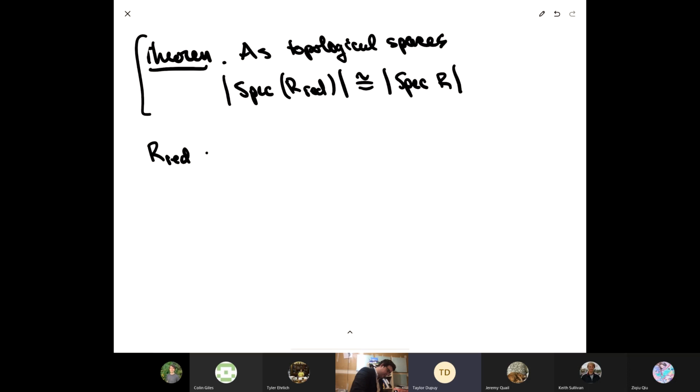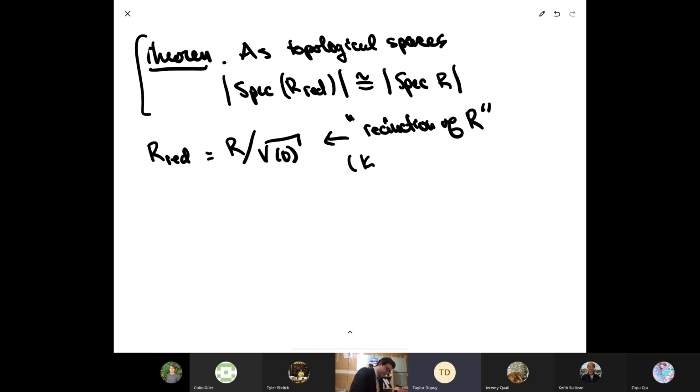R reduced is R mod the nilradical. So this is the reduction of R, and it kills all the nilpotents.